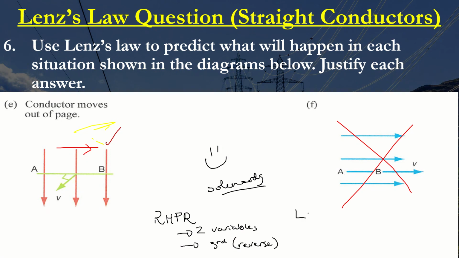Or the other way of doing it is the left hand palm rule, using the two known variables, and then the last variable detects where the induced or original force came from. That's the difference between the two. Don't get them confused. At the end of the day, both of these rules are just guides. The thing that really governs how these all work is Lenz's law.